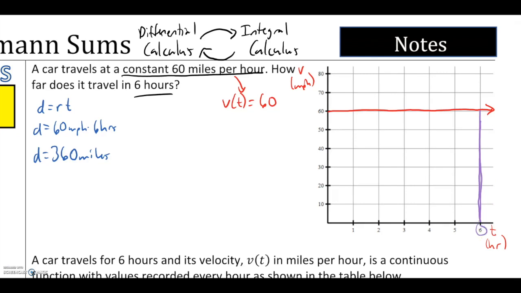What I want you to notice is the area blocked off by two things: our v of t function, this horizontal red line up here, and this mark I've put in at 6 hours.